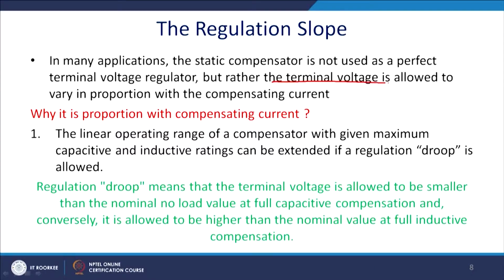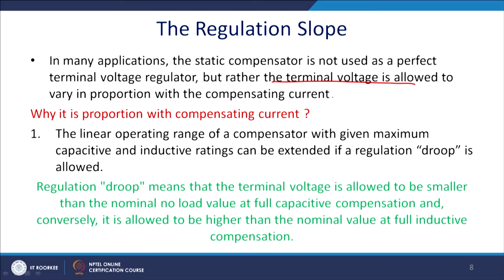Now, in many applications the static compensator is not used as a perfect terminal voltage regulator, but rather the terminal voltage is allowed to vary proportional to the compensating current most of the cases. Why is it proportional to the compensating current?